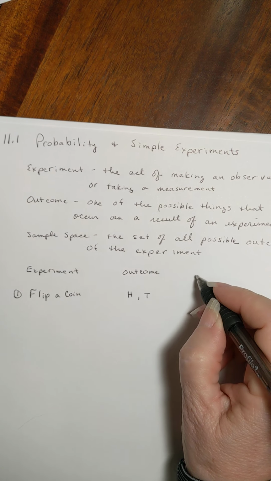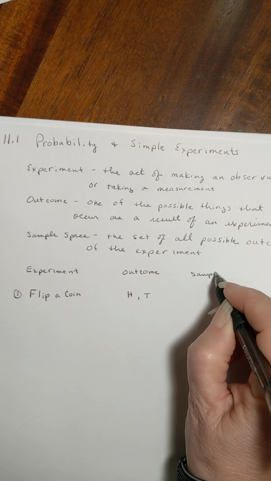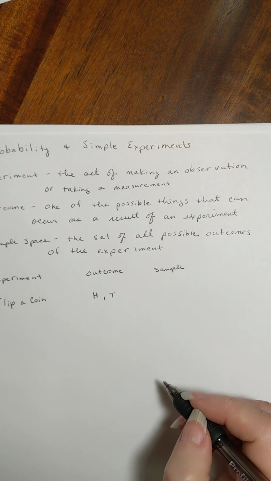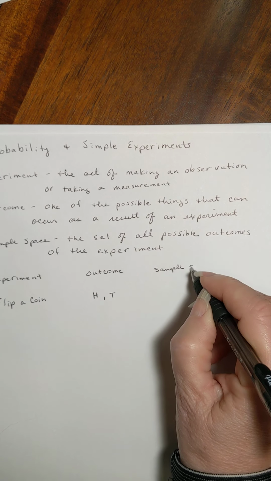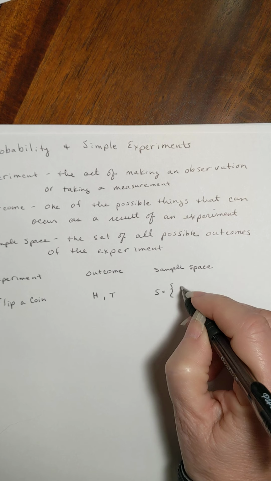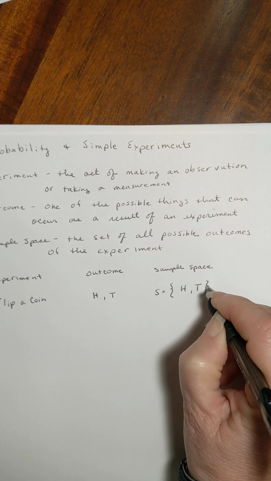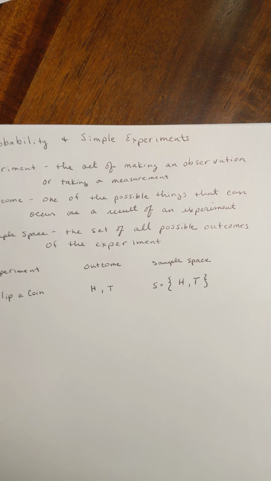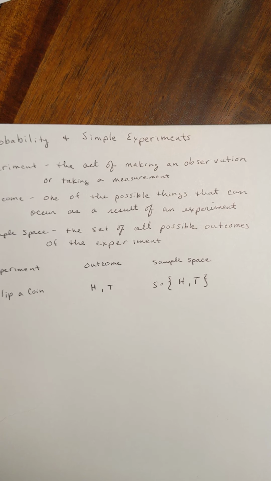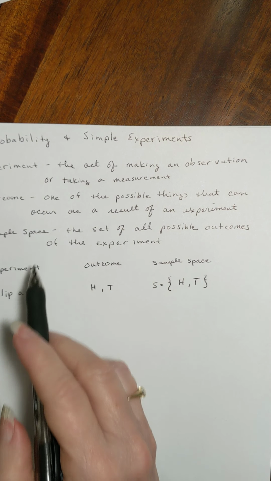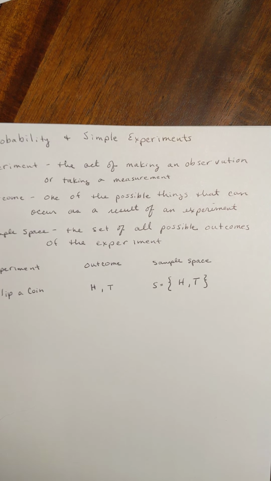And so the sample space for this would be the set heads or tails, and usually it's written as a set. If you weren't able to get all of the definitions written down before, now you have the definitions of experiment, outcome, and sample space. If you need to pause the video now, pause it and get those definitions down.